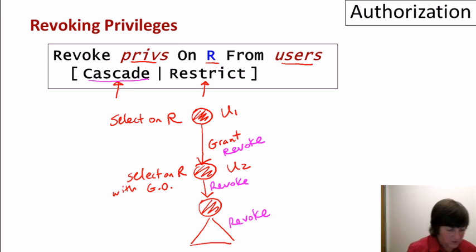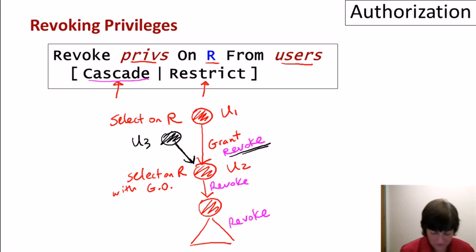However, we have to be a little bit careful because it's possible that, say, U2 was granted the select privilege by a separate user, I guess we'll call this one U3, who also granted exactly the same privilege, and in that case, if U1 does the revoke, we don't want to revoke U2's privilege because U2 got it from another source.